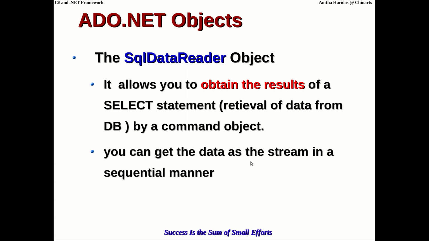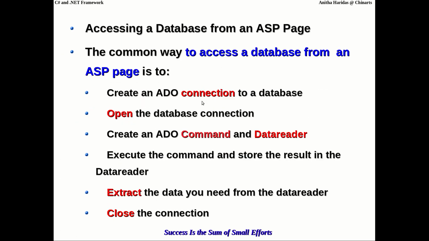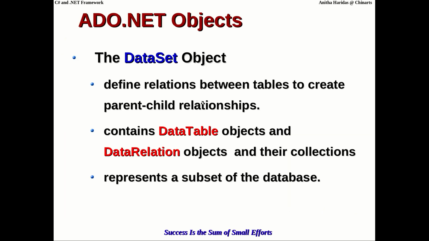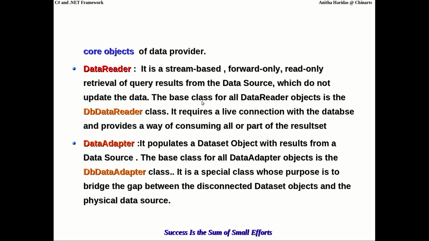You can get the data as a stream. I will go back to the slide. We have seen data reader is a stream based, forward only and read only retrieval of query results from the data source, for which we are using the data reader.